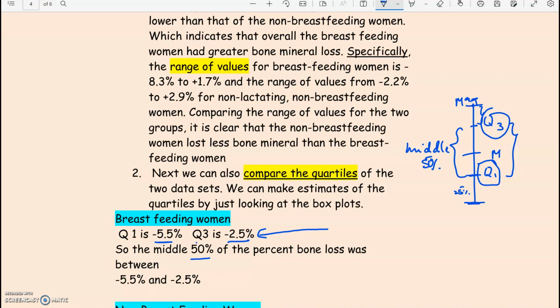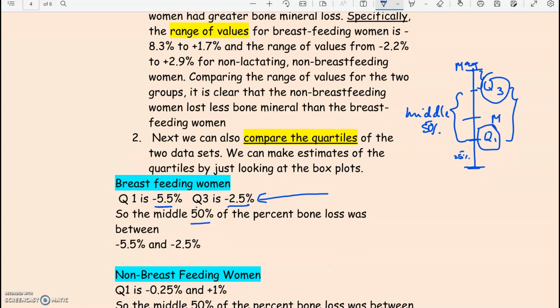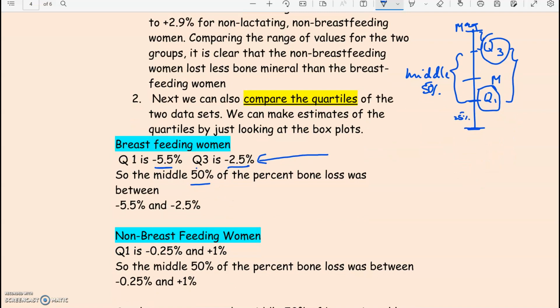So the middle 50% of the data lies between negative 5.5% and Q3, which is negative 2.5%. And in the case of non-breastfeeding women, the middle 50% lies between negative 2.25% and plus 1%. Compare these numbers. If you compare the Q1s, the lower quartiles, clearly the lower quartile of the non-breastfeeding women is higher than the lower quartile of the breastfeeding women.